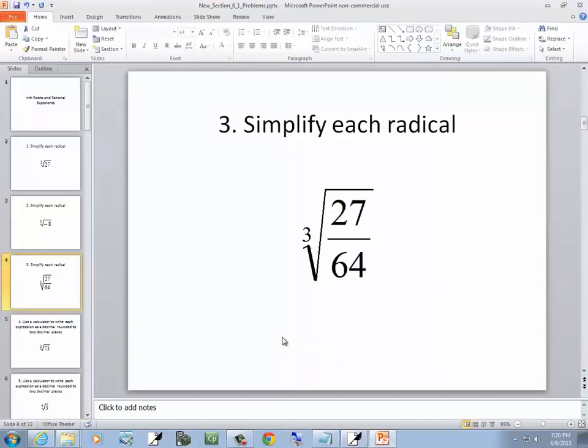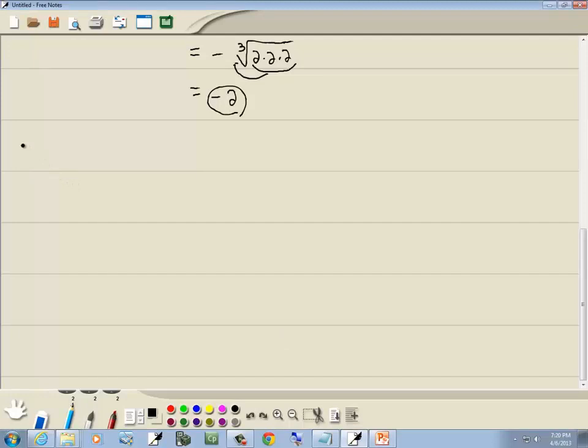And let's take a look at our next problem. We've got the cube root of 27 over 64. Well, I'm looking for a set of 3 of something, and this one's designed to come out nice. 27 is 3 times 3 times 3.